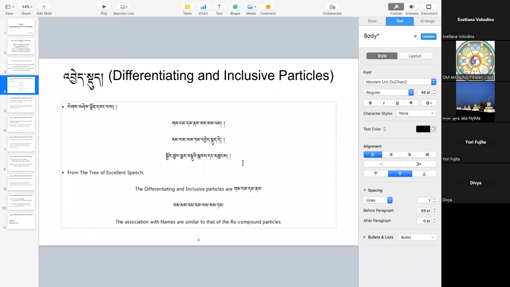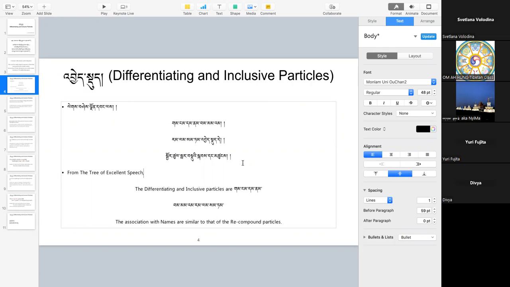We call them inclusive and differentiating particles, but they don't differ in spelling or writing. They only differ in their usage in a particular statement. When it is used with a statement in which the nature of the statement is to differentiate, then it's called the differentiating particle.